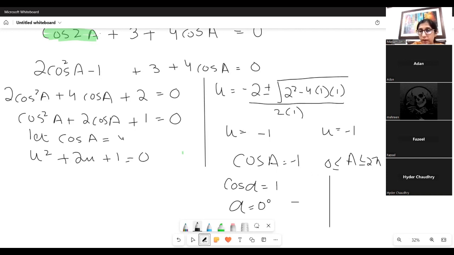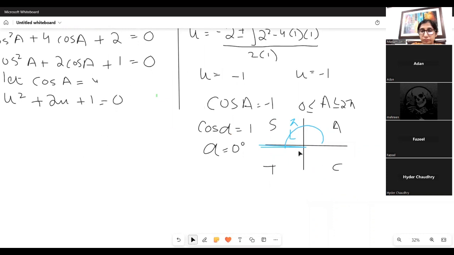So when is cos negative? Add sugar to coffee. Cos is negative here and here, and we have to plot 0 degrees, so that's just going to be this line. 0 degrees, this line for both of them. So our answer is pi only. That would be pi. So capital A equals pi. There's only one answer. That is correct.